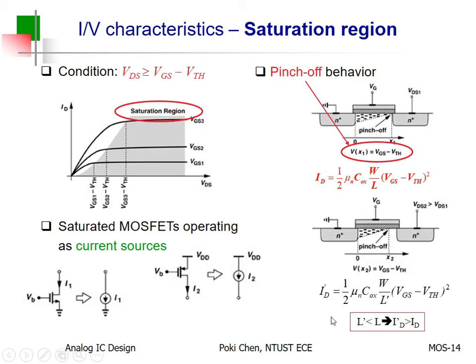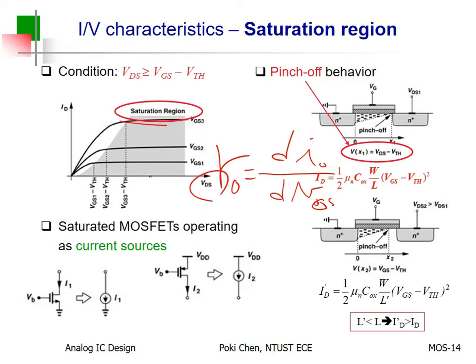What is the definition for RO? Again, the differential of the output current by VDS or VO. That's it. If it is flat, never mind the larger VDS or the smaller VDS, there is no current difference.